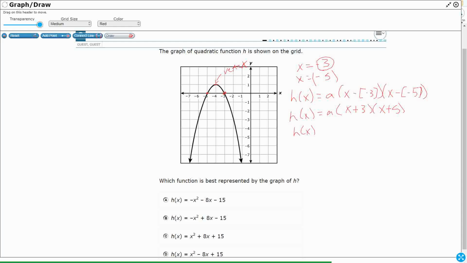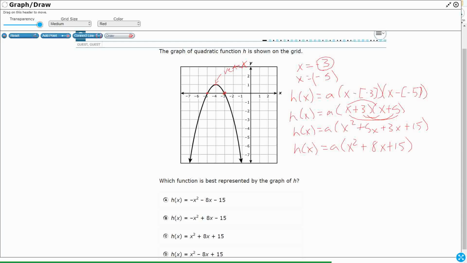We're going to get a, and that's going to be x squared plus 5x plus 3x plus 15. If we simplify this, we get h of x equals a times x squared plus 8x plus 15. We're close.